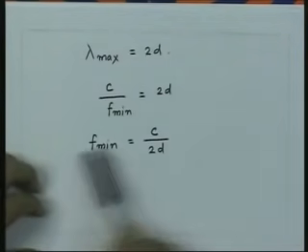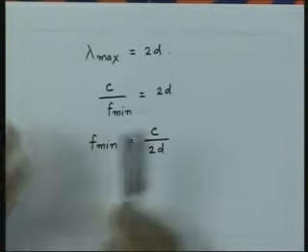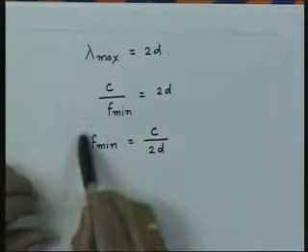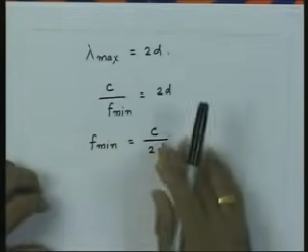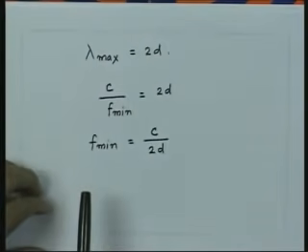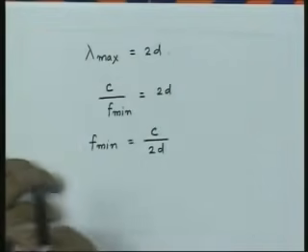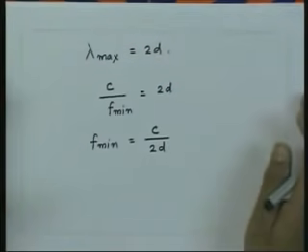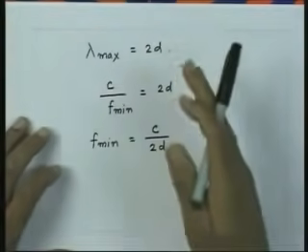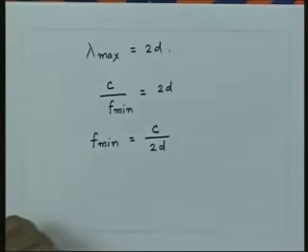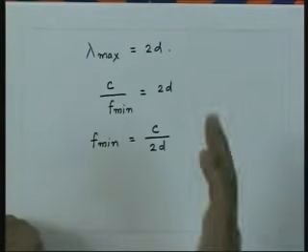Below this frequency the wave does not propagate, and that is the reason this minimum frequency for this mode, for the m equal to 1 mode, we will call the cutoff frequency of that mode. So, for a particular mode to propagate, the frequency must be above that value, and that value is what is called the cutoff frequency of that mode.